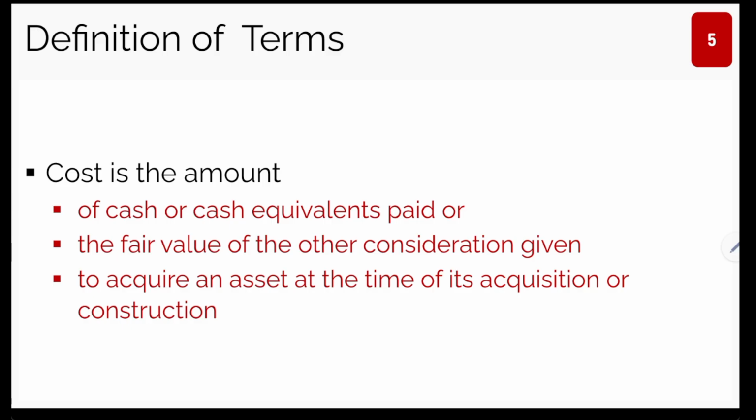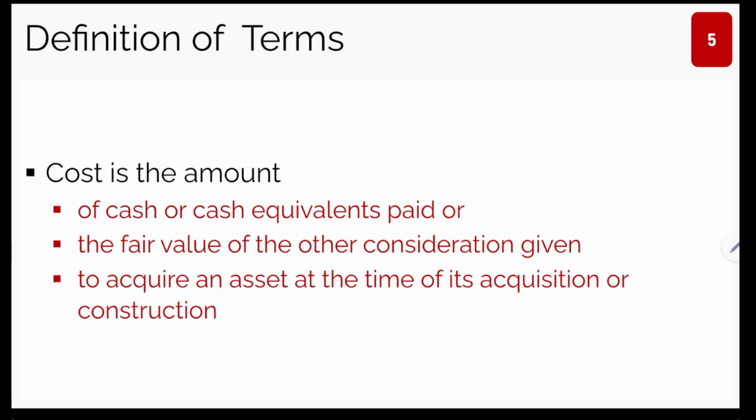And that means it has to be reliably measured, and then the cost has to be known. So the cost of PPE is the amount of cash or cash equivalent paid, right? So it could be cash paid for it, it could be an equivalent of cash paid for it, or it could be the fair value of the other consideration given.